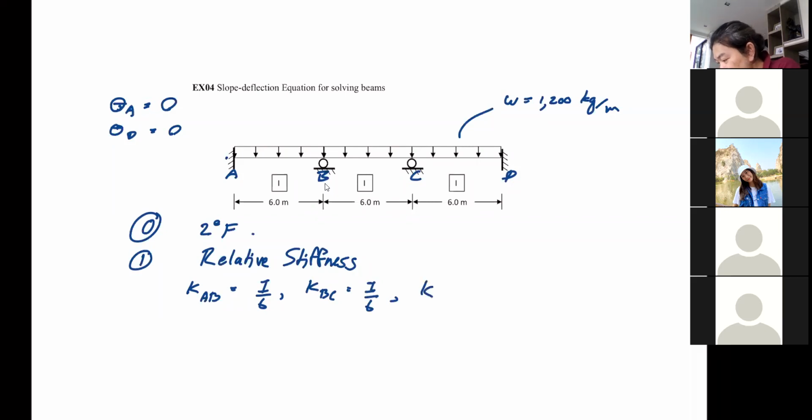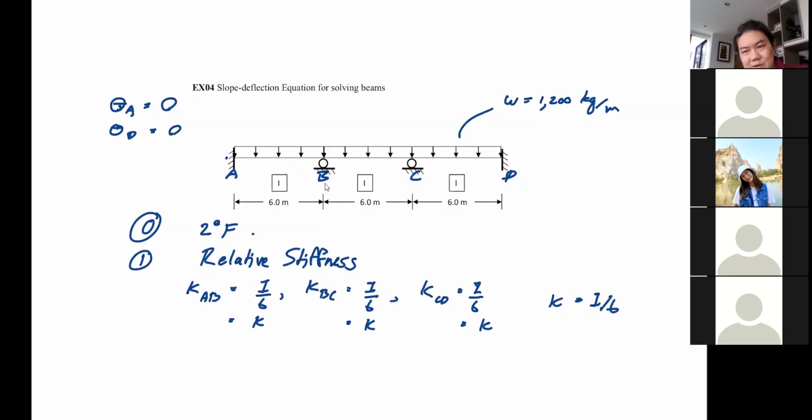KCD likewise is I over 6. So relative stiffness means that now we know every member has the same stiffness. So I can say KAB is equal to K, KBC is equal to K as well, and KCD is equal to K, when I say K is equal to I over 6.